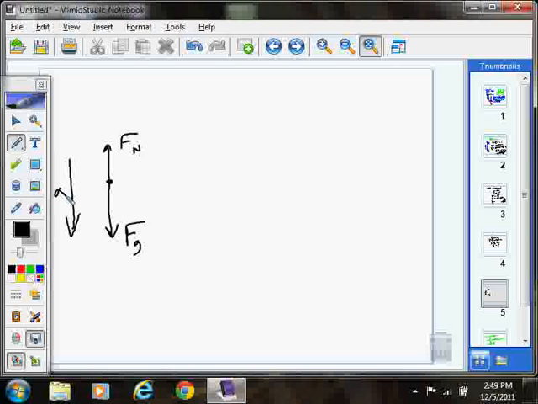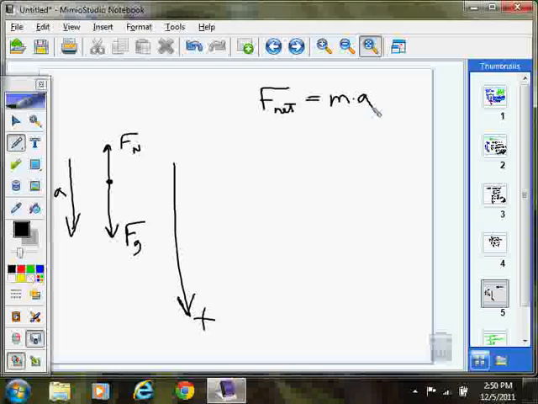I, myself, personally, would change the reference frame. I would make down now the positive direction. The overall net force equals the mass times the acceleration. But now that it's accelerating downward, which force is going to be bigger, Fg or Fn? If I'm making down the positive direction, what's going to be the expression for the net force?